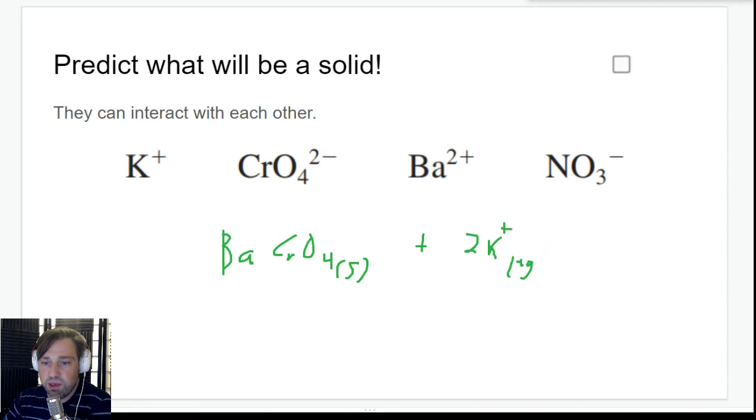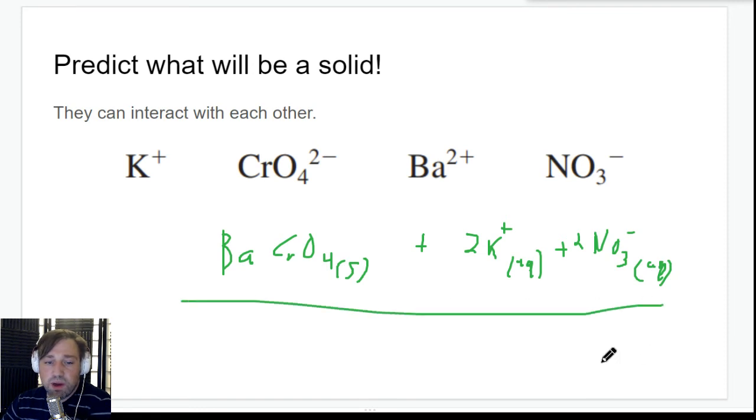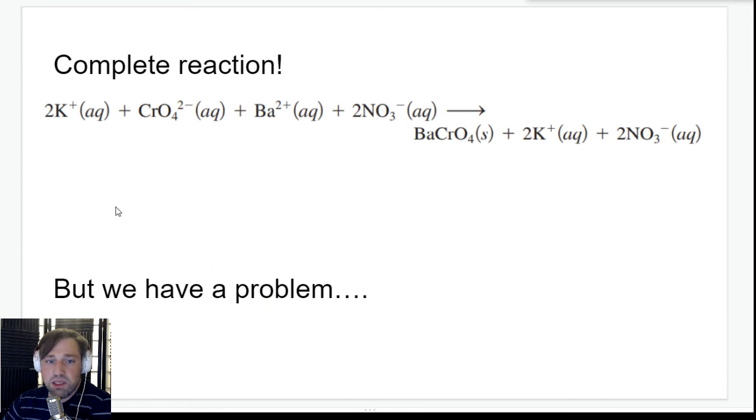That's supposed to be a Q. And then 2 nitrates that are also aqueous. There we go. All right. So this is going to be our products, and we can go through and put that into our complete reaction. Hey, look at that. We have that all done. So this is the complete ionic reaction.